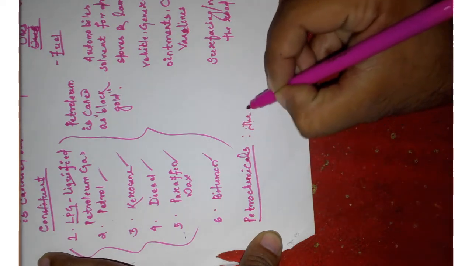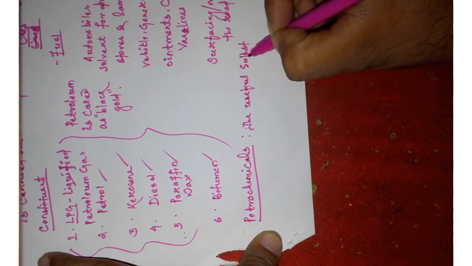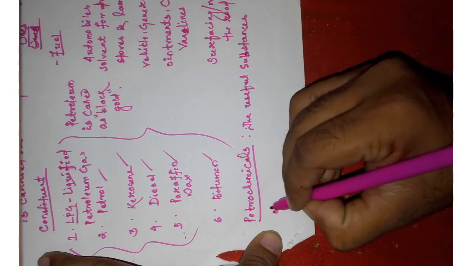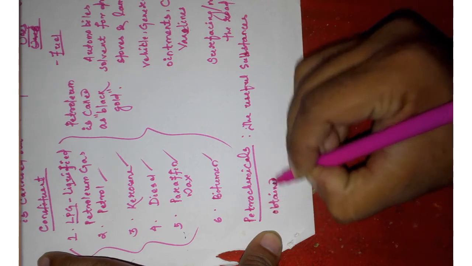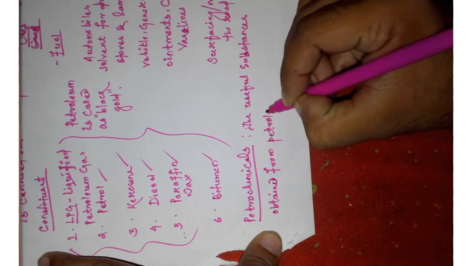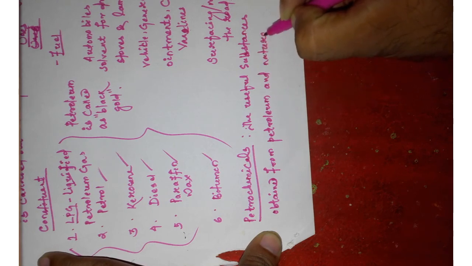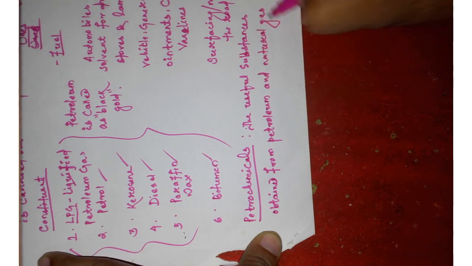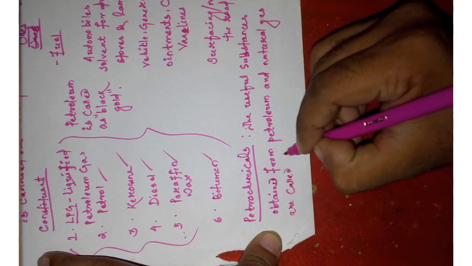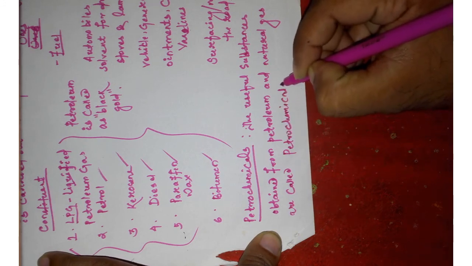The useful substances obtained from petroleum and natural gas are called petrochemicals.